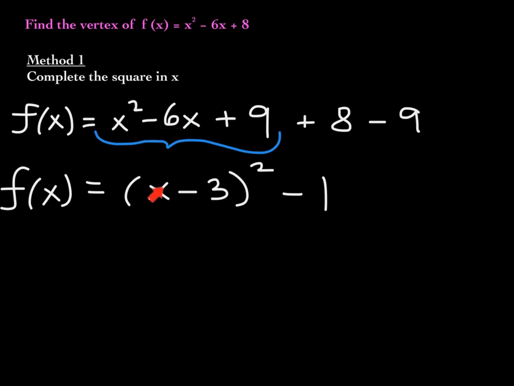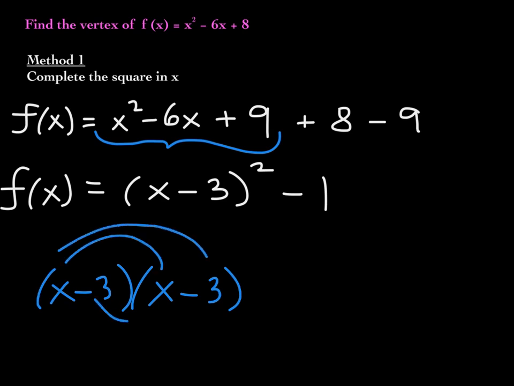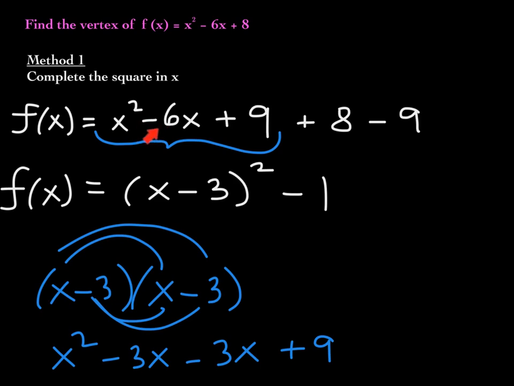If you were to distribute this, x minus 3 times x minus 3, you'll get x squared minus 3x, another minus 3x, and then plus 9. And your -6x is right here. -3x and -3x make -6x. Okay? So it's all there in that factored form. Okay? So this is called factored form.